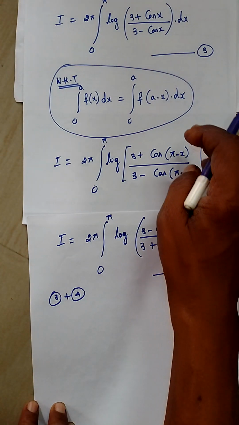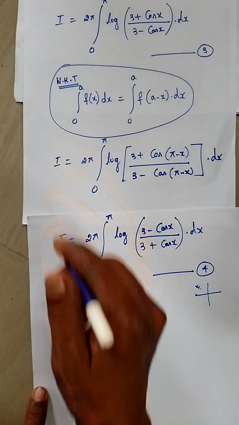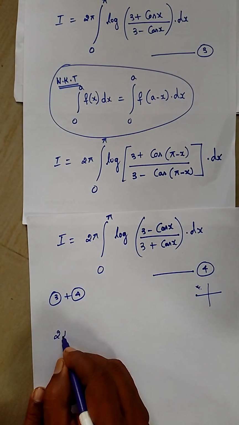Now adding equation 3 and 4. If you add, I plus I is 2I.